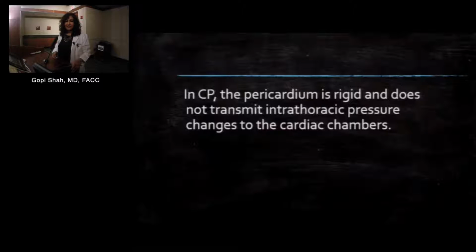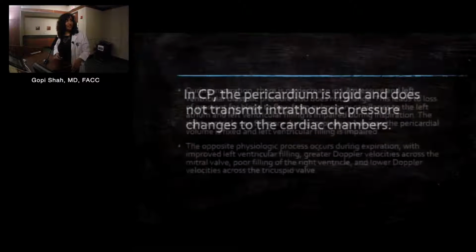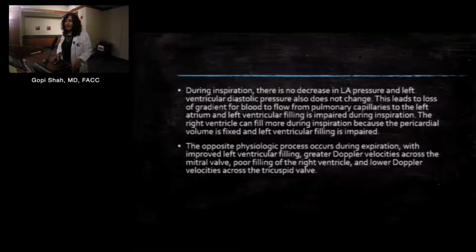As I mentioned, it is rigid and does not transmit, and that is what is important. I think for fellows, it's important to understand what causes the inspiratory decline in the left-sided transmitral gradients that we see. During inspiration, because there is loss of this transmission of the intrathoracic pressure, there is no decline in the left atrial or the end-diastolic LV pressures with inspiration.